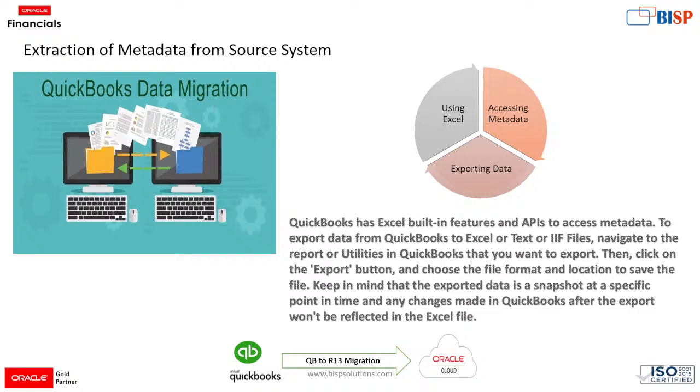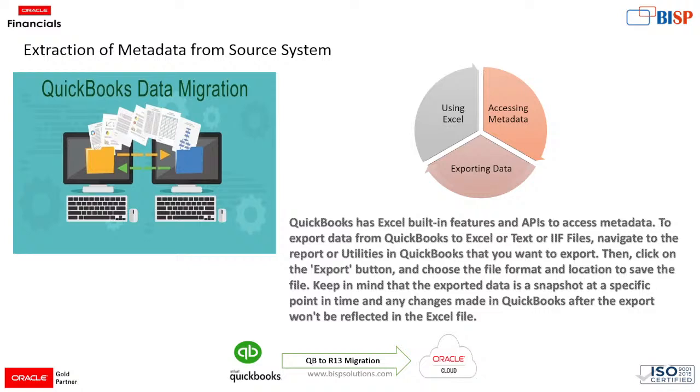The first one is accessing metadata using the QuickBooks built-in feature or API. Exporting data: QuickBooks Online provides the option to export forms, lists and reports which may include metadata. You can save these onto your computer hard drive.